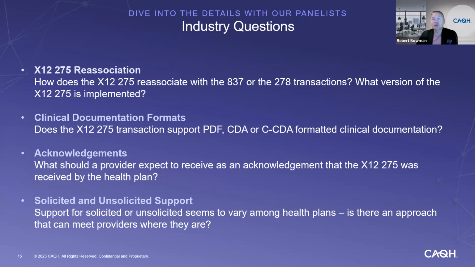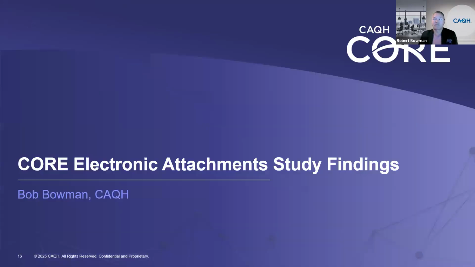Perfect. I'm going to move over into the next section of the presentation, where we have a couple of slides to talk about the findings from a study that we conducted with another national health plan. You'll see that it falls right along with some of the topics we just talked about, Crystal, and what this plan was attempting to do in implementing the 275 transaction along with the operating rules.